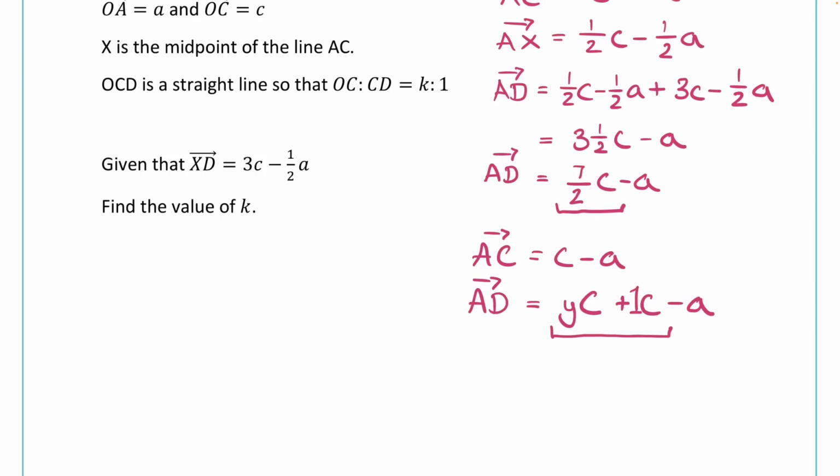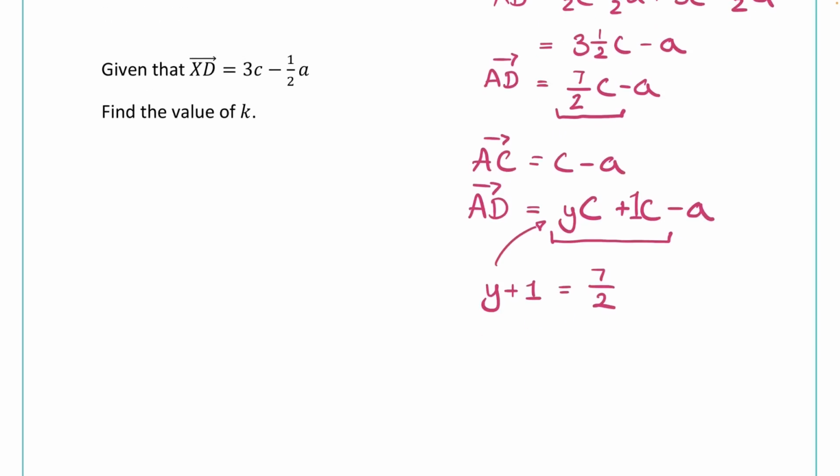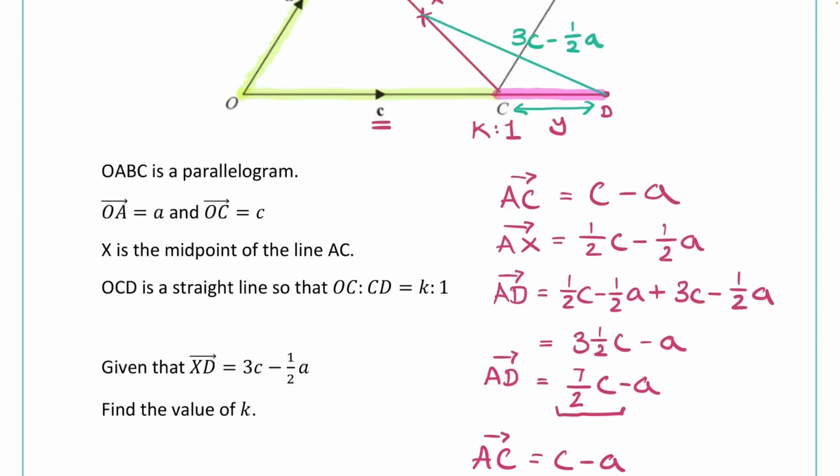So what we have is Y plus 1 in terms of the numbers in front of C. Y plus 1 has to be equal to 7 over 2, or you could write that as 3.5, completely up to you. So if we take away 1 from both sides, we get that Y is equal to, and taking away 1 from 7 over 2 gets us to 5 over 2. We're essentially minusing 2 over 2. So Y is equal to 5 over 2, which is 2.5.